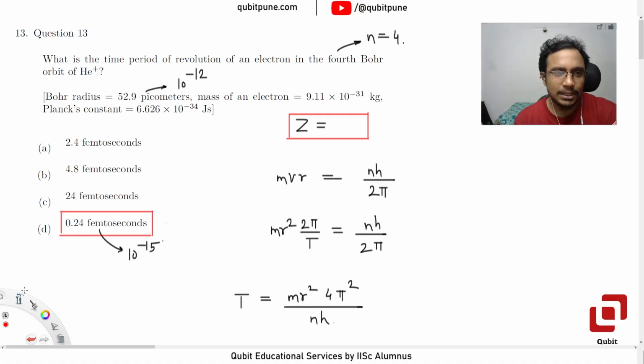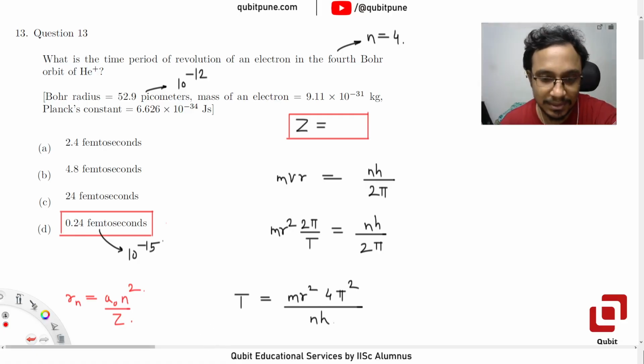Now, radius r_n, is it not a naught n squared? Sir, also upon Z, given, right? Upon Z, yeah, okay. Let me confirm it once.